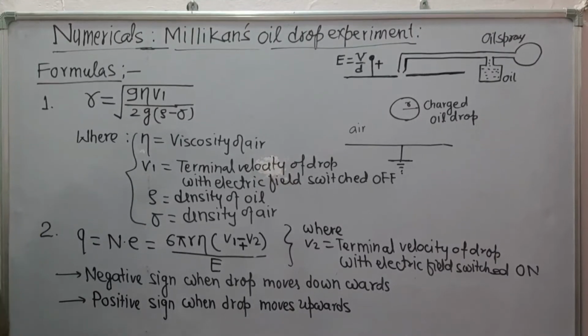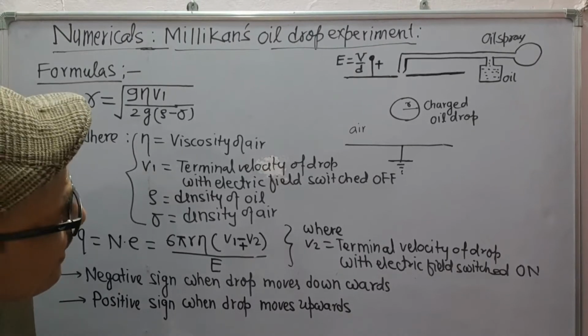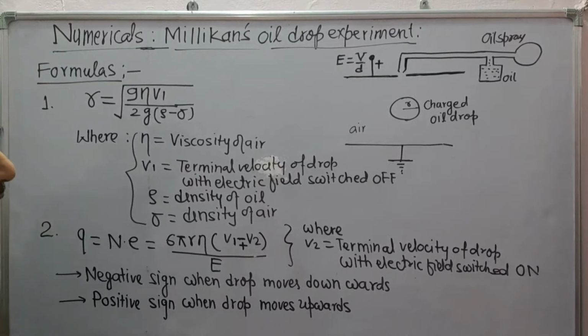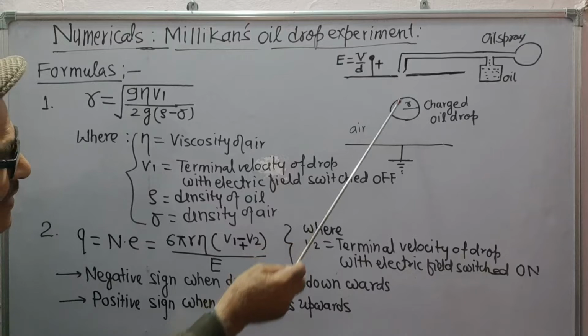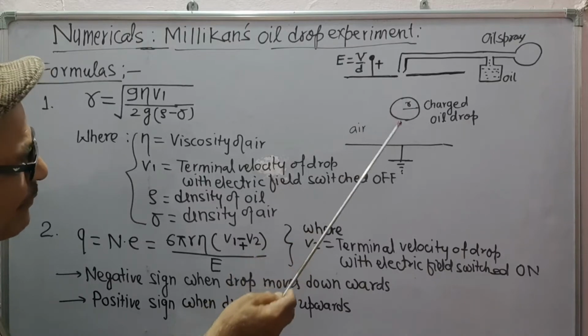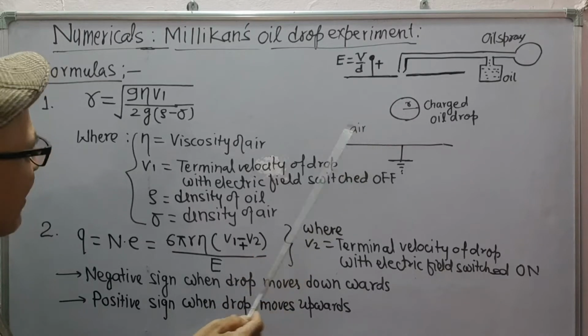As you know, in Millikan's oil drop experiment, the oil drop is sprayed with the oil spray through the narrow hole in the upper parallel metal plate, and falls with terminal velocity in air.